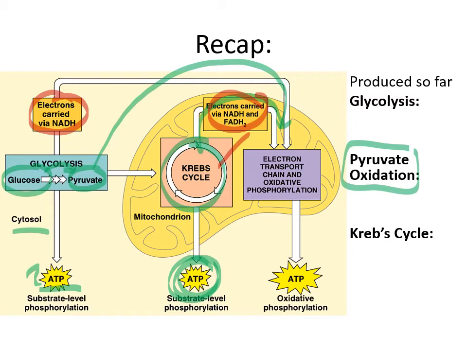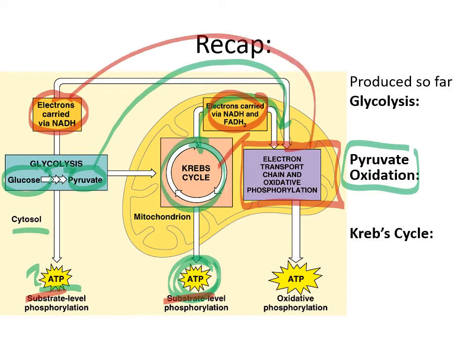We are producing electron carriers, and this is now where we're going to use those electron carriers. So far, we have not generated much ATP, but we have generated a little bit, and we can start putting our electron carriers into what's called the electron transport chain in order to oxidatively phosphorylate our ADPs into ATPs, and that's where we're going to get a bulk of our energy production during cellular respiration.